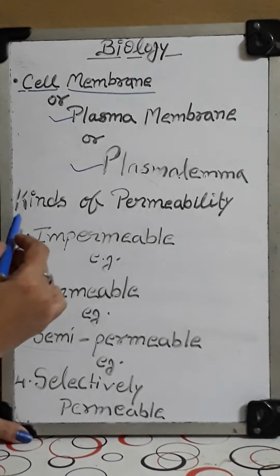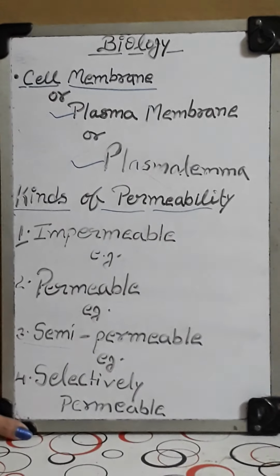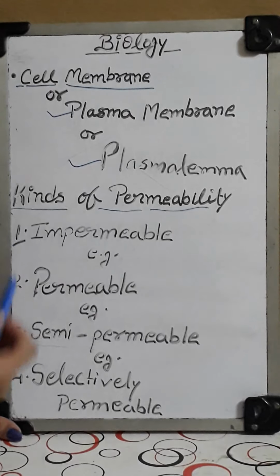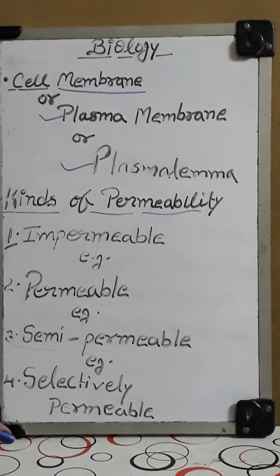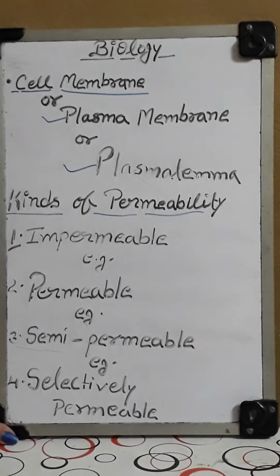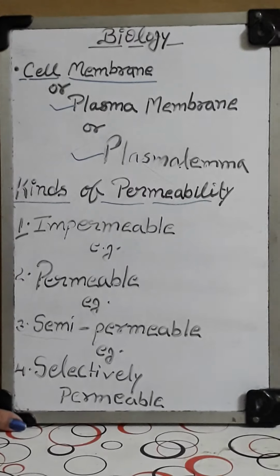Now, I want to tell you something about permeability. Here I am telling you some kinds of permeability. The very first type is impermeable. What do you mean by impermeable?